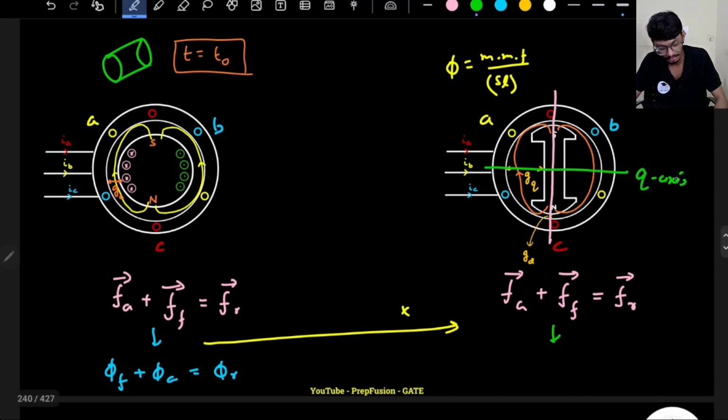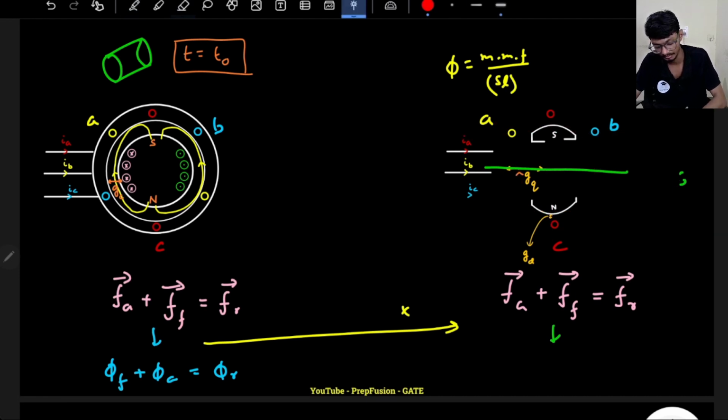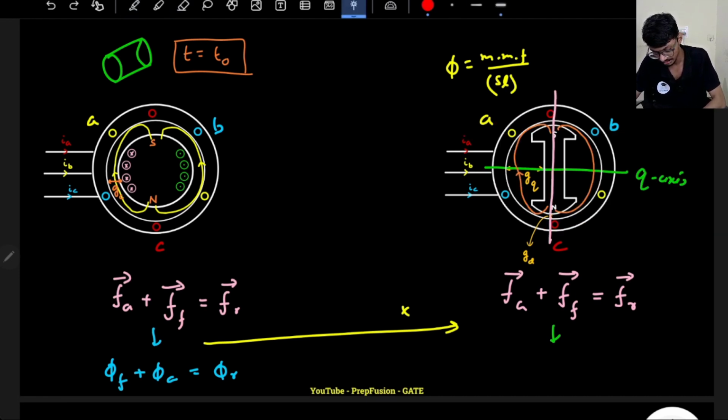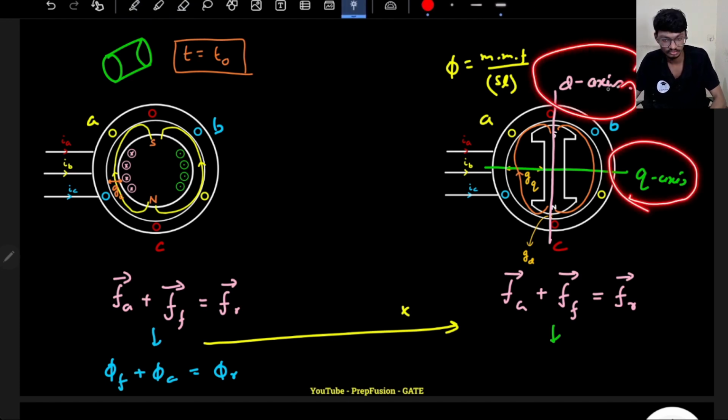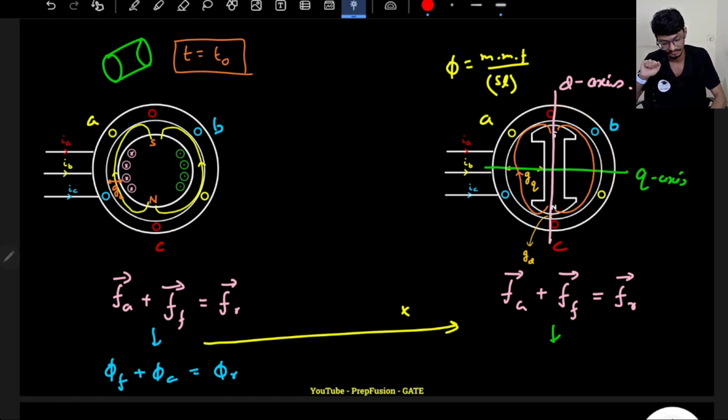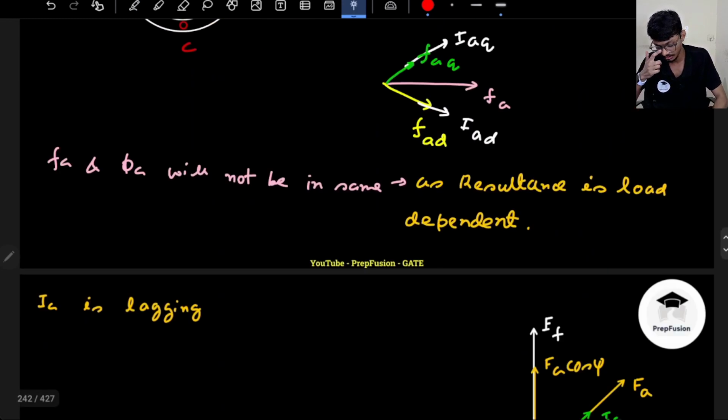That's why this MMF is called the quadrature axis MMF, and this MMF is known as the d axis MMF. So one is known as the quadrature axis MMF, and this one is known as the d axis MMF. That's why we have two components.